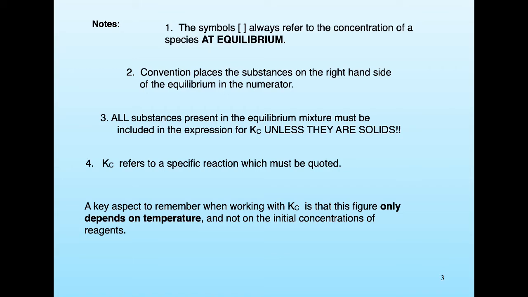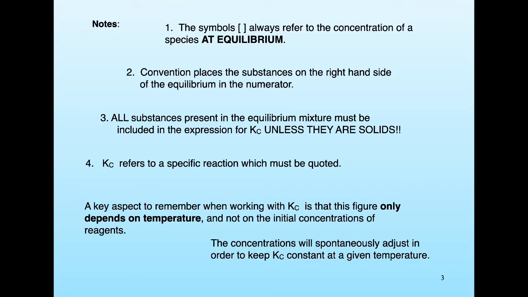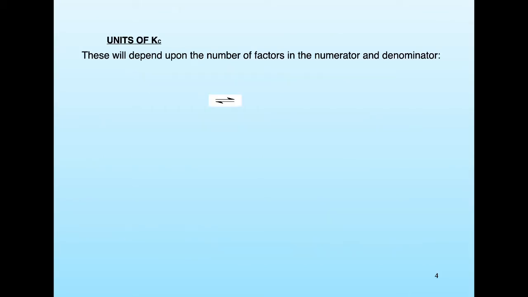Kc will be constant regardless of the initial concentrations of reagents, but if we change the temperature, then Kc will change. We'll look at this in more detail. If we change the concentration of something, the equilibrium readjusts to keep Kc constant. It might take time for the equilibrium to be re-established, but eventually it will, and Kc will be respected.